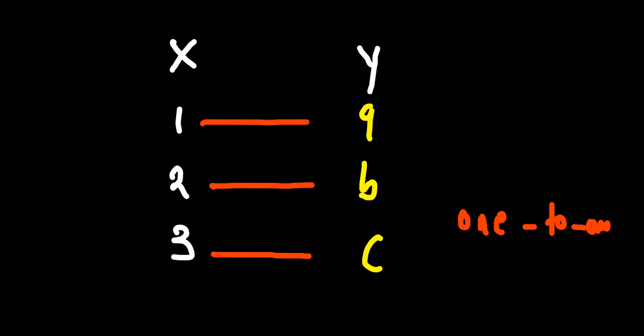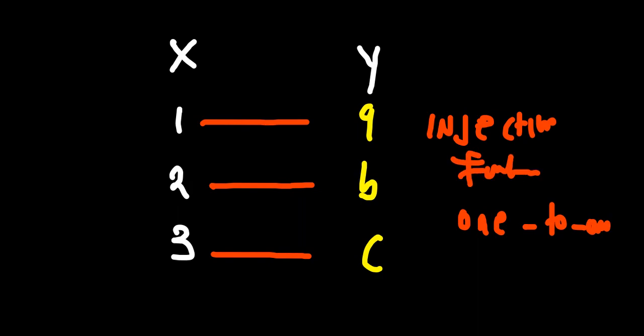You can also call it an injective function, depending on the book that you are using. So it will be called a one-to-one function or an injective function. Such a relationship is still a function.